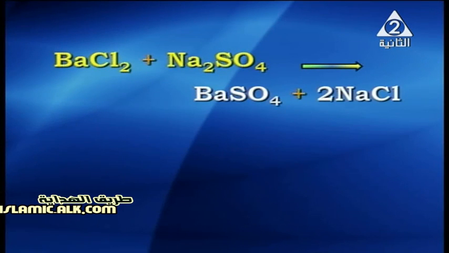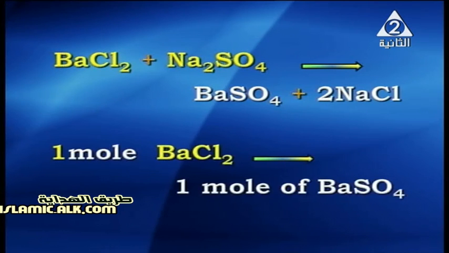So the solution here, as the equation proceeds on the screen: barium chloride plus sodium sulfate, BaCl2 plus Na2SO4 gives BaSO4 plus 2 NaCl. So the relation between the barium chloride and the precipitate: 1 mole of barium chloride precipitates 1 mole of barium sulfate.